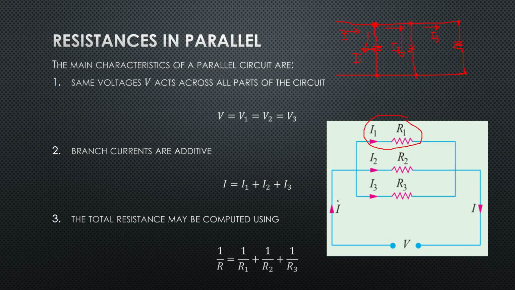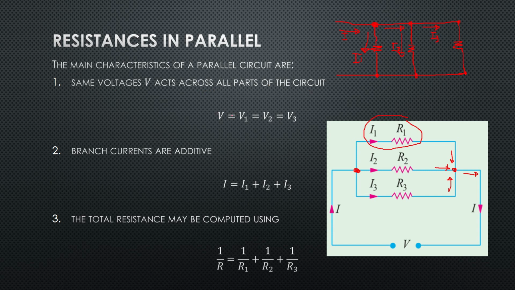So if this current I passes through this node, it will be split into three currents, I1, I2, and I3, and they will meet again at this other end node. When they come out here, they become the total current I. The main characteristic of a parallel circuit is that the same voltage acts across all parts of the circuit.